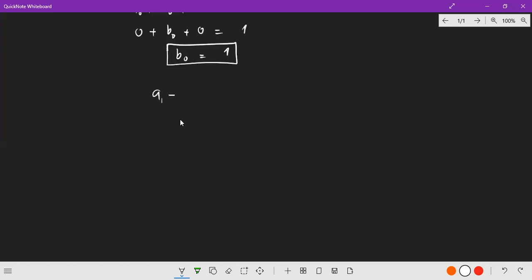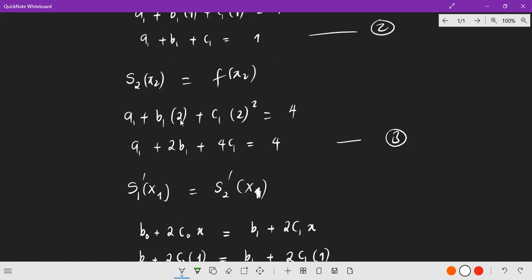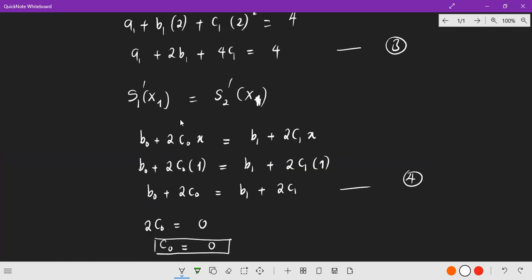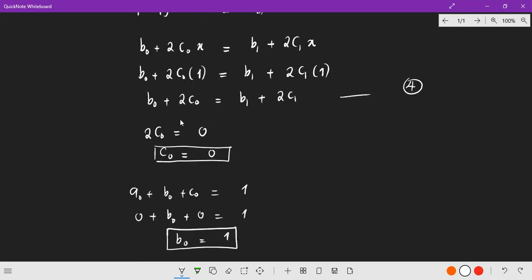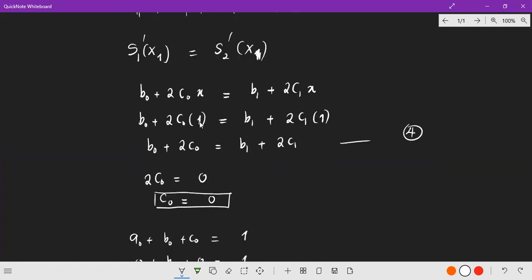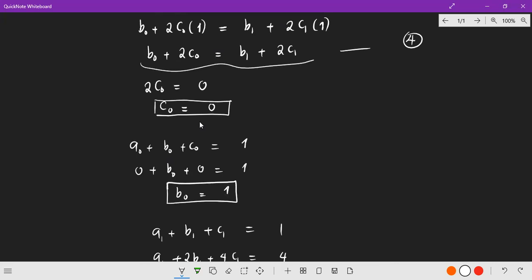The other equation we have is a1 plus 2b1 plus 4c1 equal to 4. And also we have this equation here, b0 plus 2c0 equal to b1 plus 2c1.